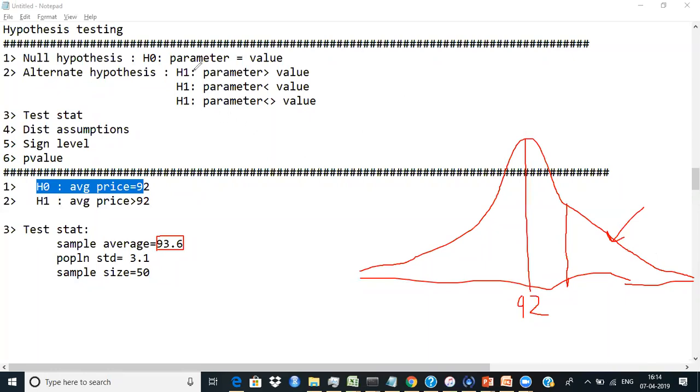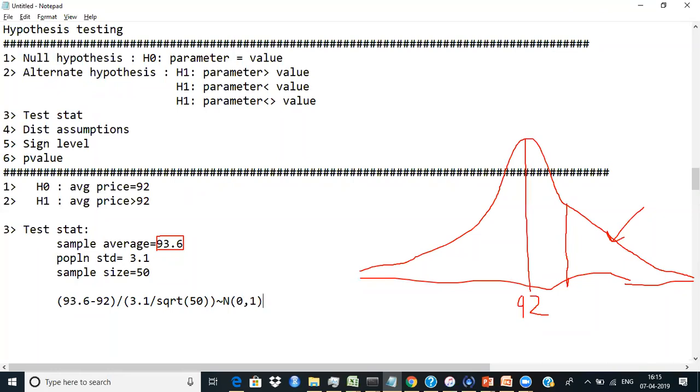Okay. How do you calculate this? We know the central limit theorem, so under it, 93.6 should also have a normal distribution with a mean of 92. Or in other words, (93.6 minus 92) divided by (3.1 by square root of 50) follows normal 0, 1.